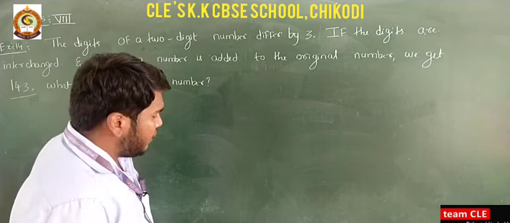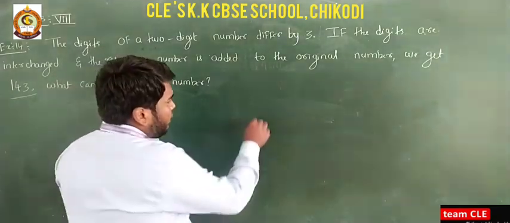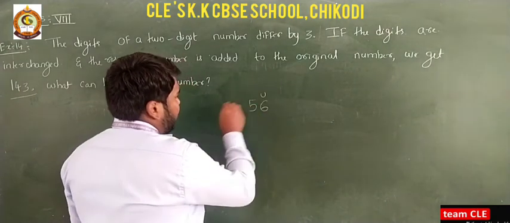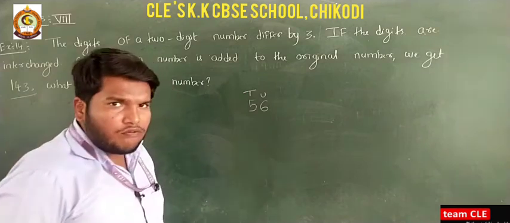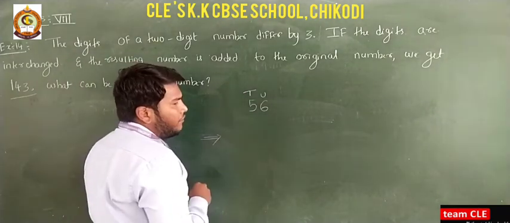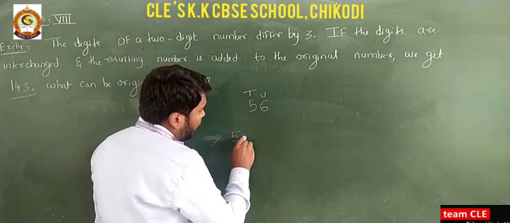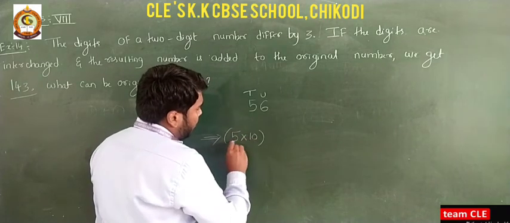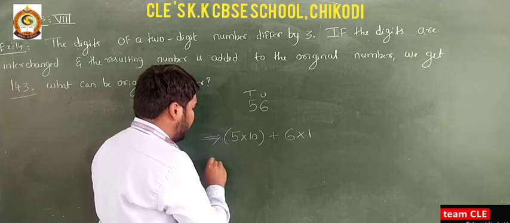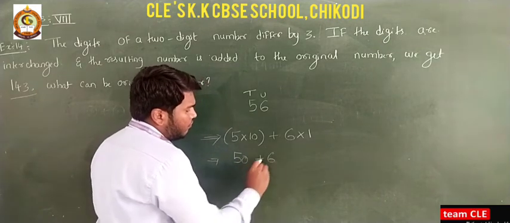So I consider one example to understand what this question says. I consider 56, with unit digit 6 and tens digit 5. I write this as 5 into 10 plus 6 into 1, which means 50 plus 6.